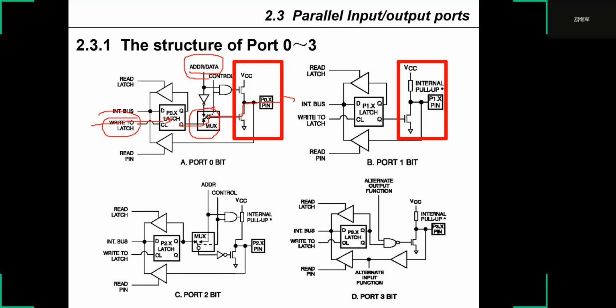Because the P0 can output digital data or address, we can change the signal, data or address, with this multiplexer.